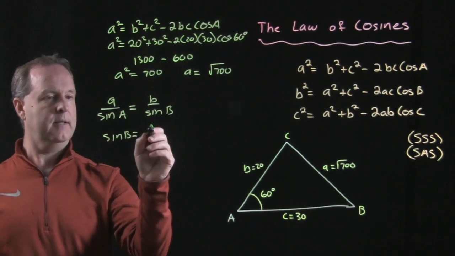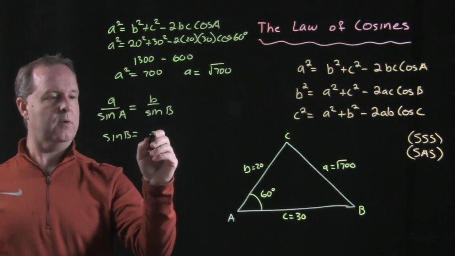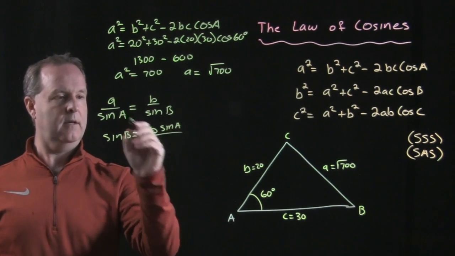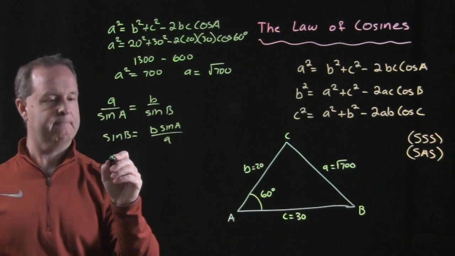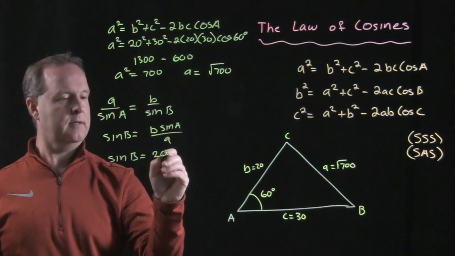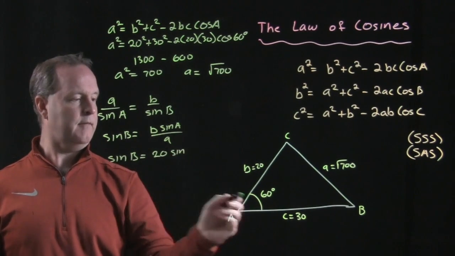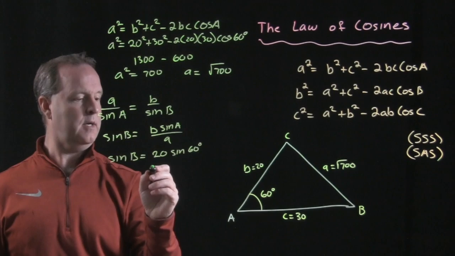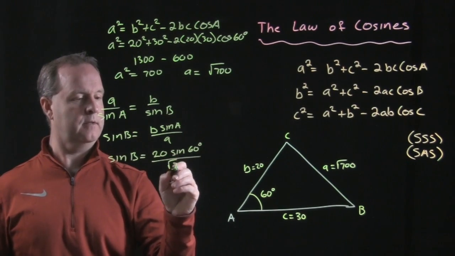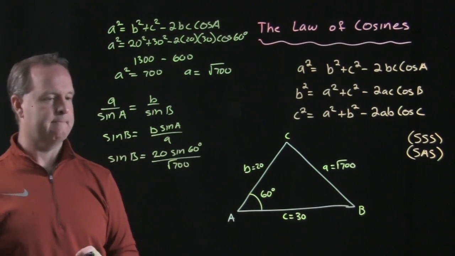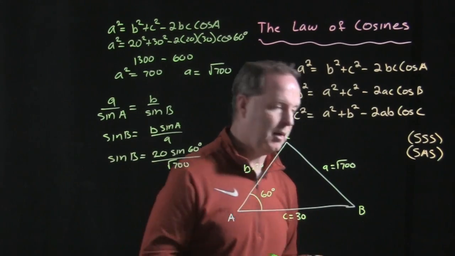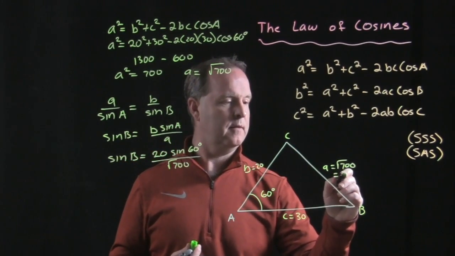Sine of B equals B times the sine of A all over A. B is 20. Sine of A, 60 degrees, which we know, divided by A, which is root 700. And root 700 is approximately 26.5.